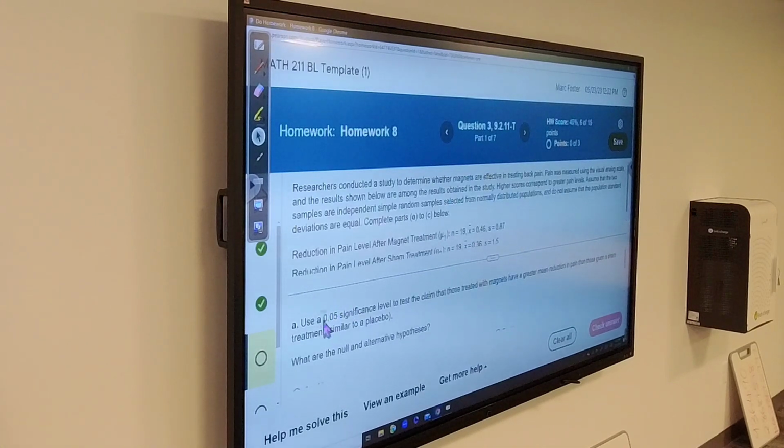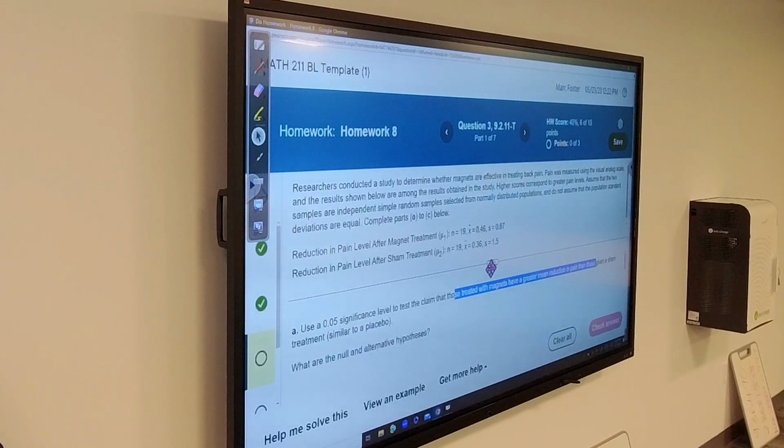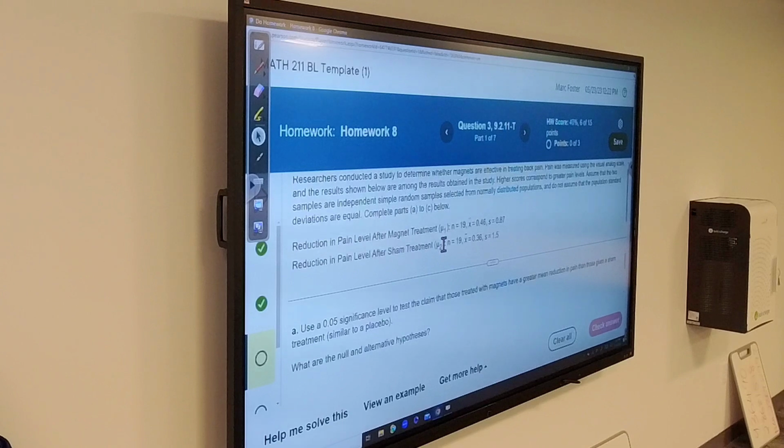Here I have a 0.05 significance level. And they want me to see if the treatment group has a greater reduction in pain than the placebo group. Now the treatment group is mu1, and the placebo group is mu2, so my alternate hypothesis will be mu1 greater than mu2.